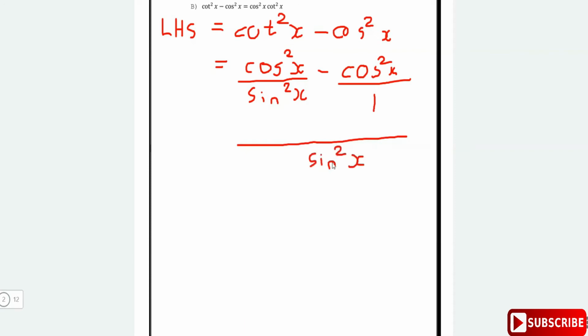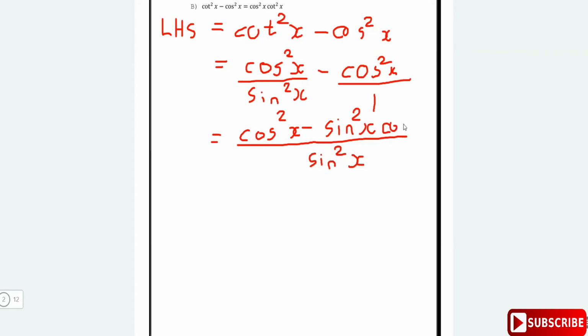Then sine square into sine square goes one time, so that works out to just be cos square x right here. This is now cos square x minus, now 1 into sine square goes sine square. So sine square times cos square is just sine square cos square x.